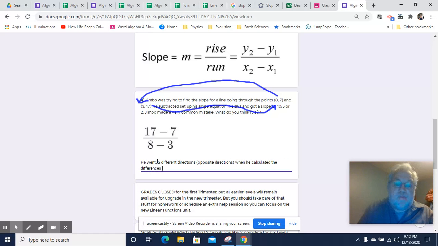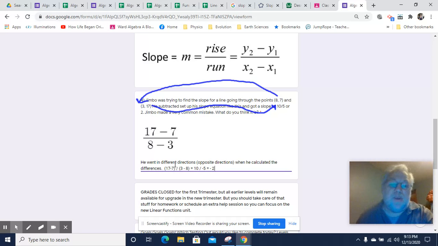It doesn't matter which direction you go as long as you keep it consistent. So the flow needs to be in the same direction. He needed to say 17 minus 7 over 3 minus 8, and if he did that, he would have ended up with 10 over -5, which is -2, and he would have had the correct slope.